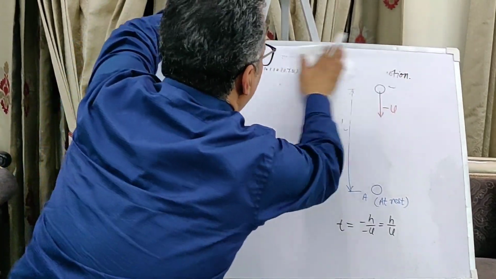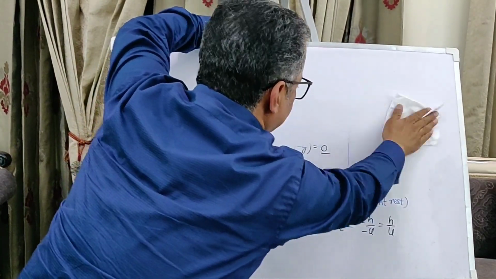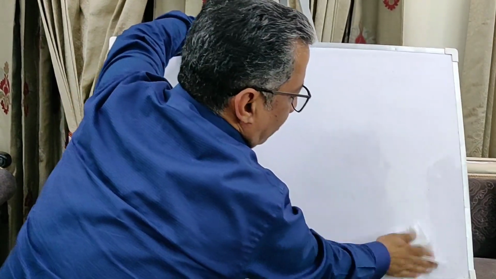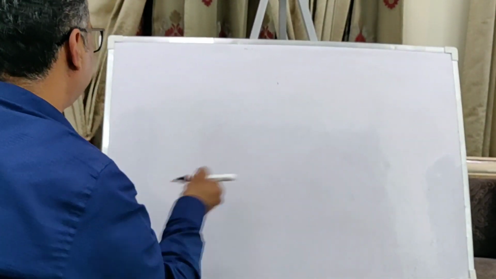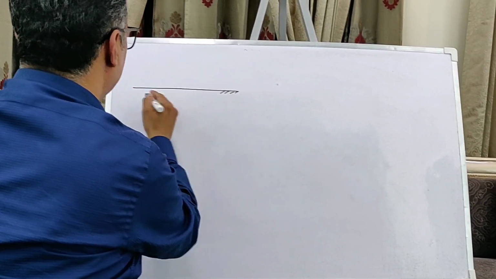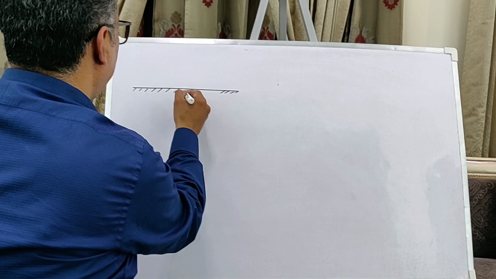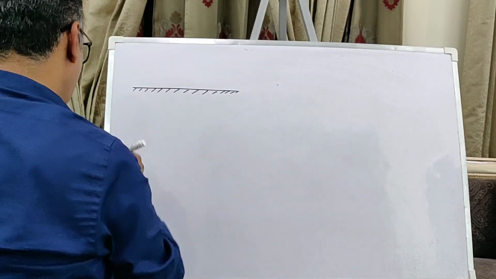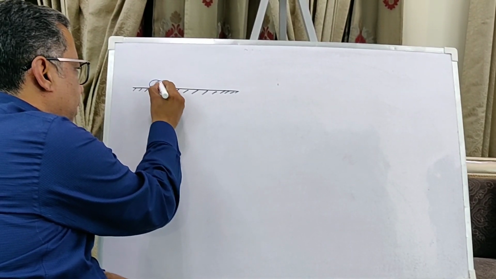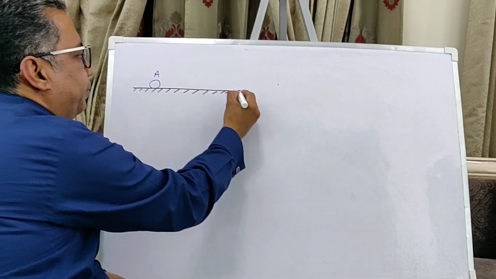Now in the second problem that we are discussing, think of two objects A and B. This is A over here.